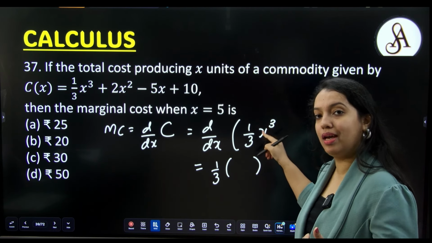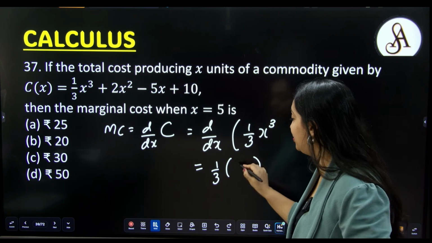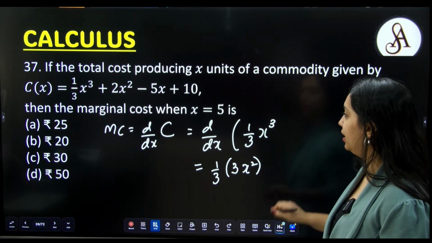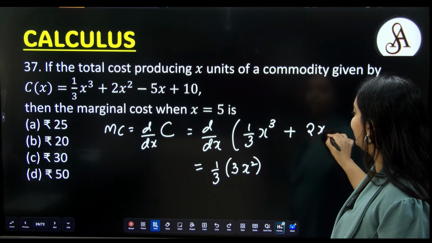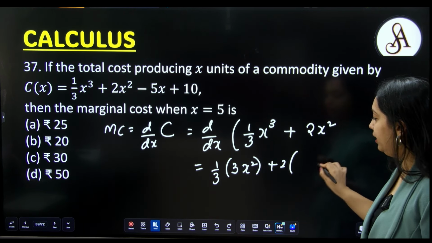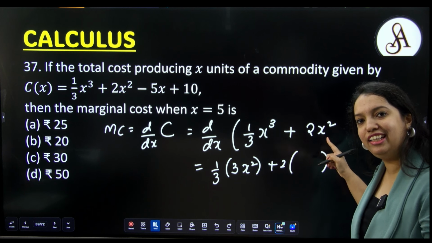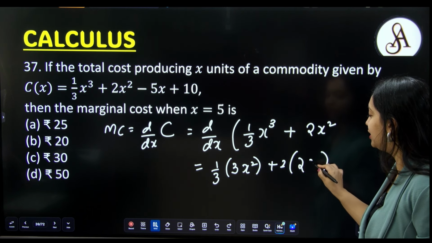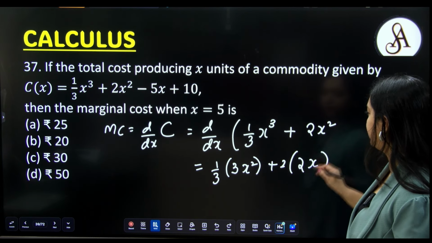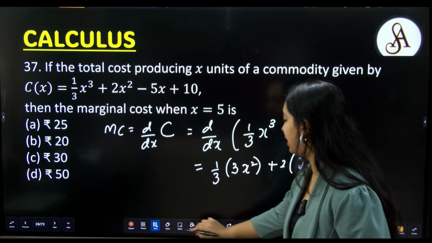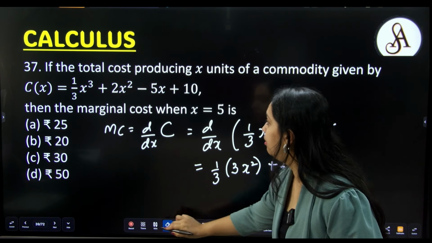Derivative of x cube, n into x power n minus 1, 3 into x power 3 minus 1, plus 2x square. Take this 2 outside. Tell me what is the derivative of x square, n into x power n minus 1, 2 into x power 2 minus 1. Then there is a minus sign, minus 5x.